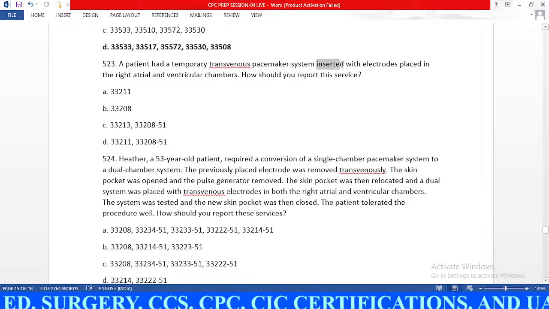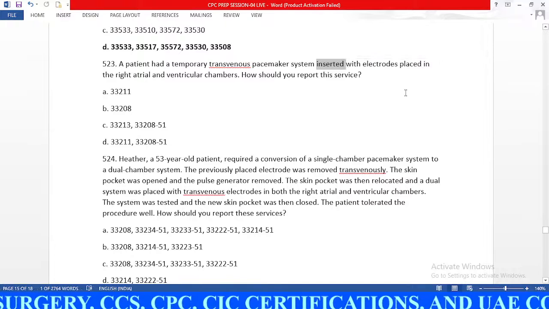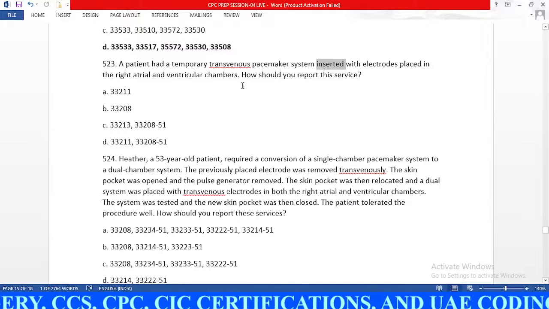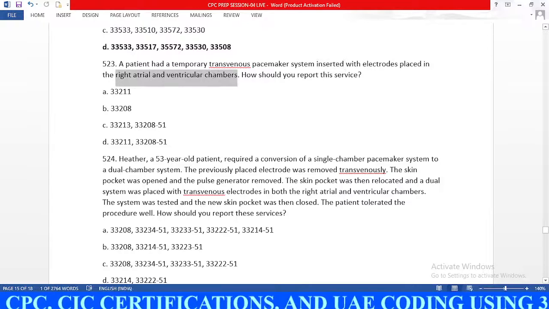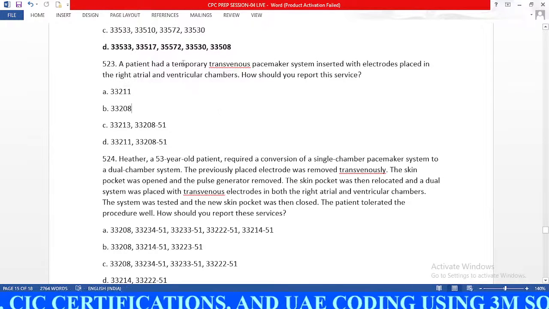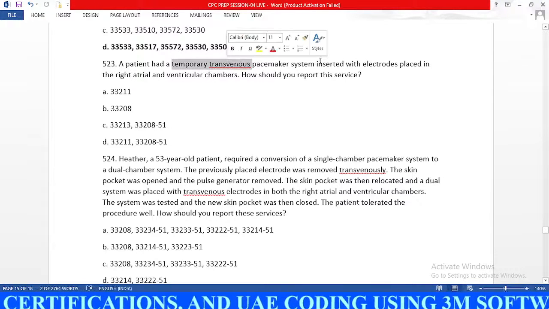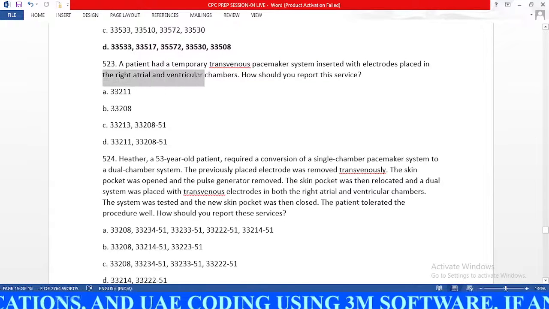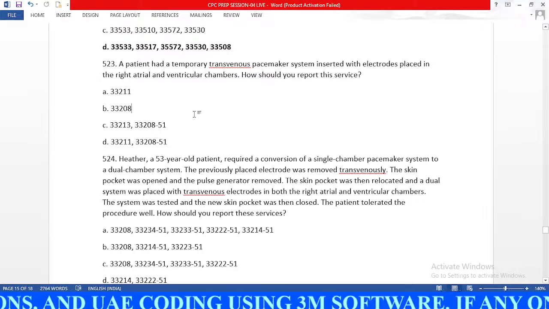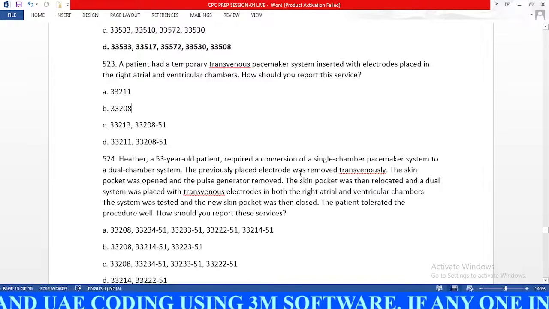Here the physician has performed insertion with electrodes placed in the right atrial and ventricular chambers, which means two chambers. So temporary pacemaker inserted in the right atrial and ventricular chambers means two chambers. So we will check 33211.